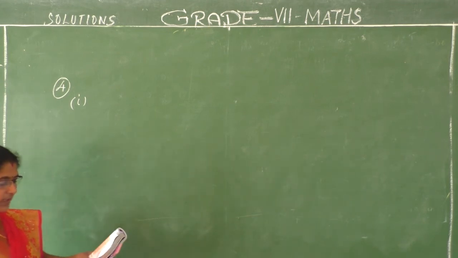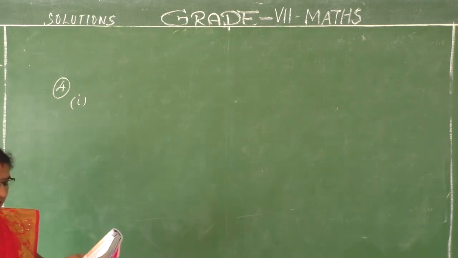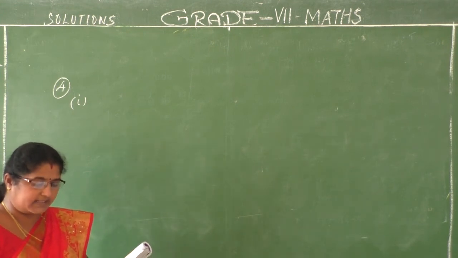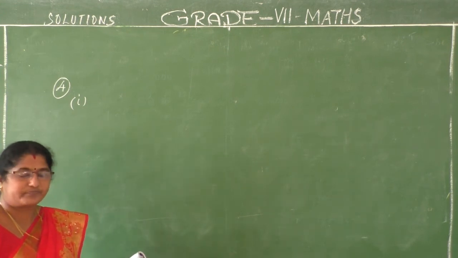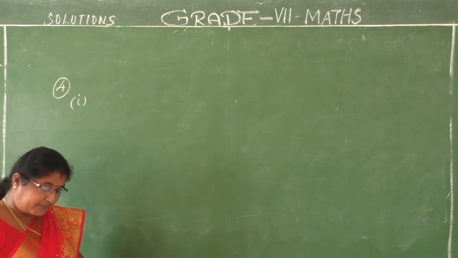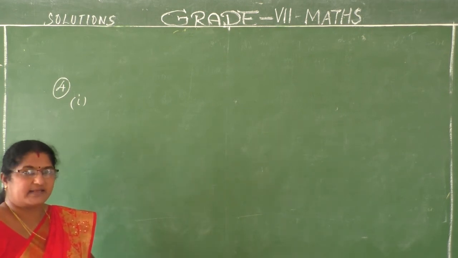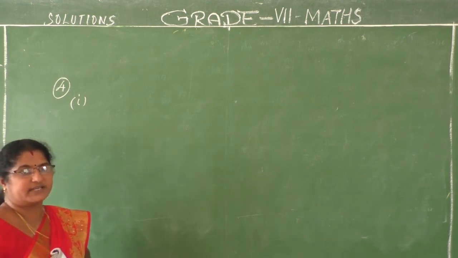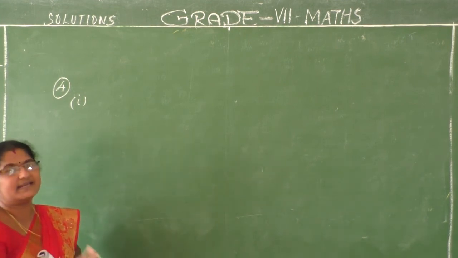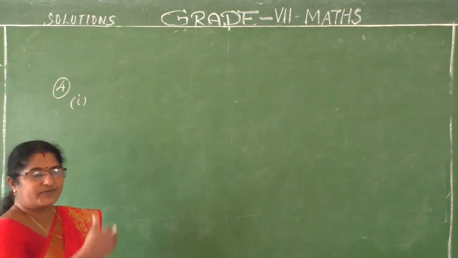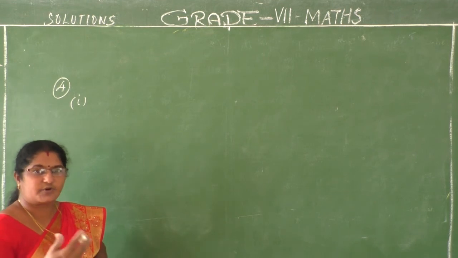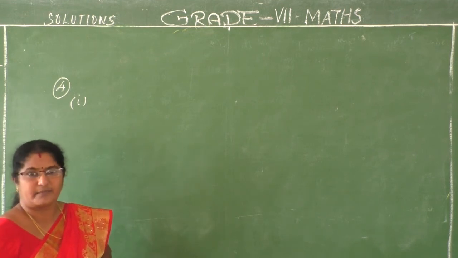Clear? Okay, therefore in this first option: in which subject has the child improved his performance the most? Performance is most, that means you have to compare each subject's first term marks and second term marks. When you compare, if the second term has increased, then the performance is good.